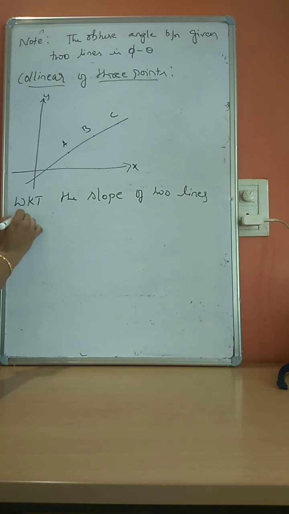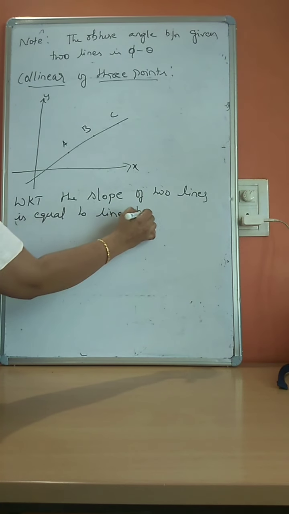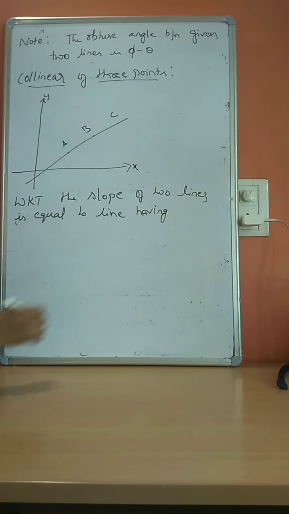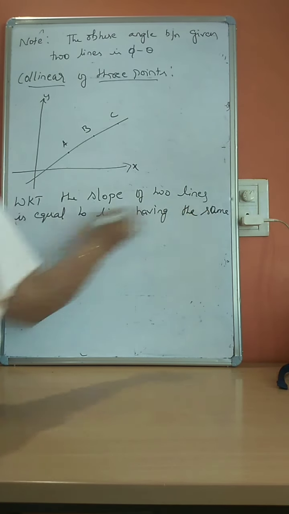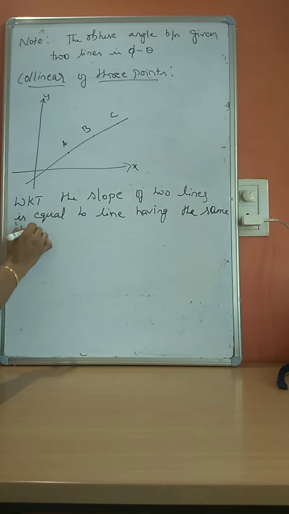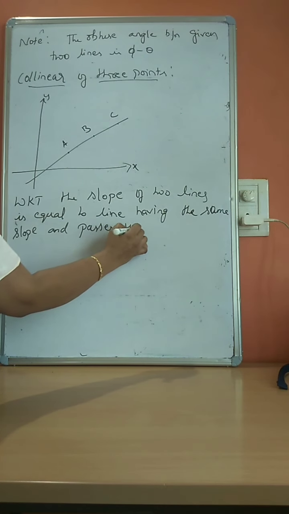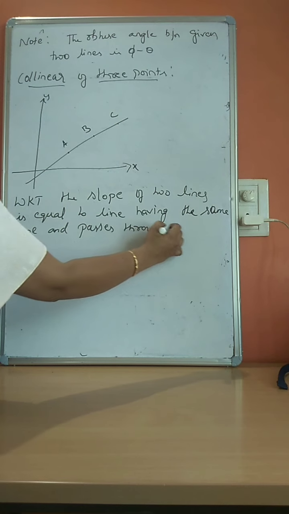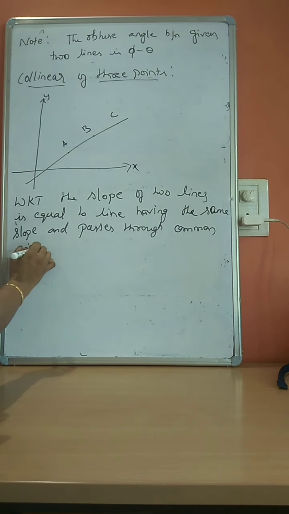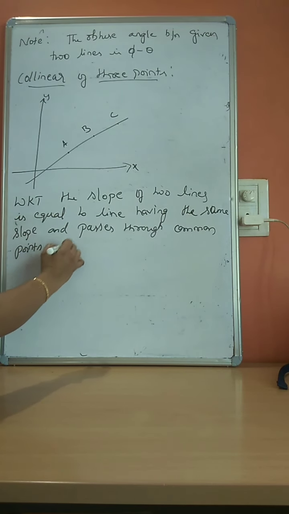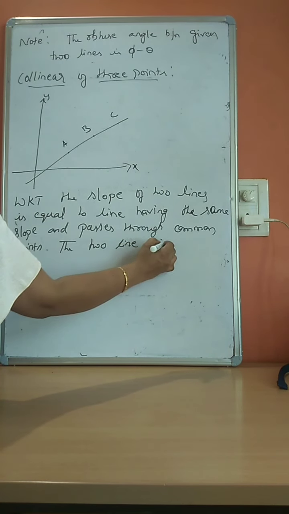Two lines is equal to the line having the same slope and passes through common points. The two lines coincide.